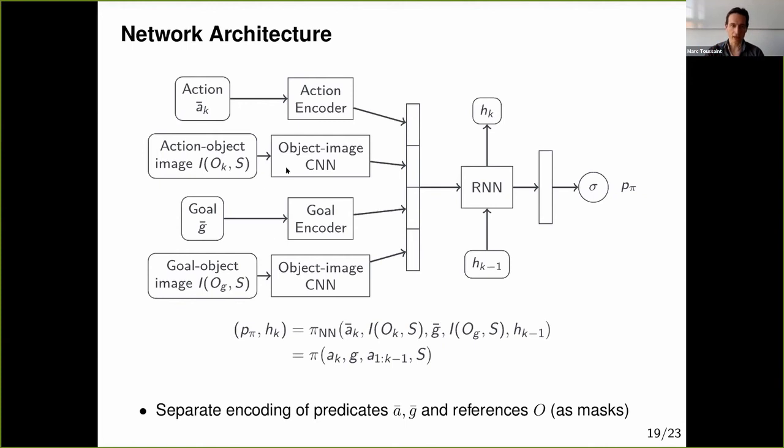The same is true for the action. The actions are also literals composed of a discrete predicate and some object references, and all the object references are taken as input to the neural network as masks. This allows the network to generalize over objects and apply the same kind of reasoning across scenes with multiple objects. I'm not going to go into more detail here.